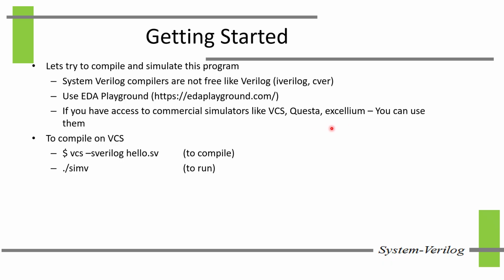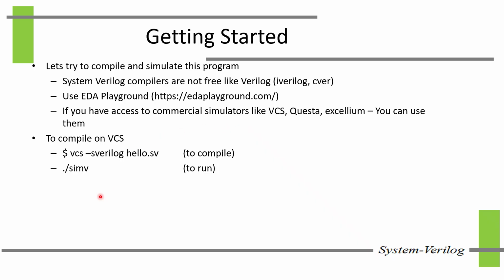These tools are used by almost every semiconductor company for design verification and simulation. If you don't have access to these commercial tools, then you can use EDA Playground. This is an online website. You can register there and try to run your program. It has support for all simulators like VCS, Questasim, Xcelium, so you can directly use them.